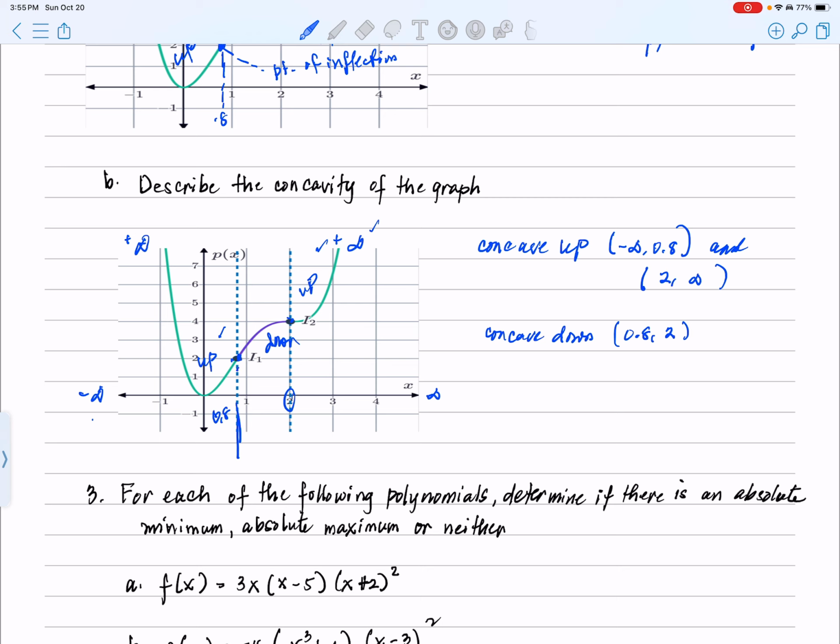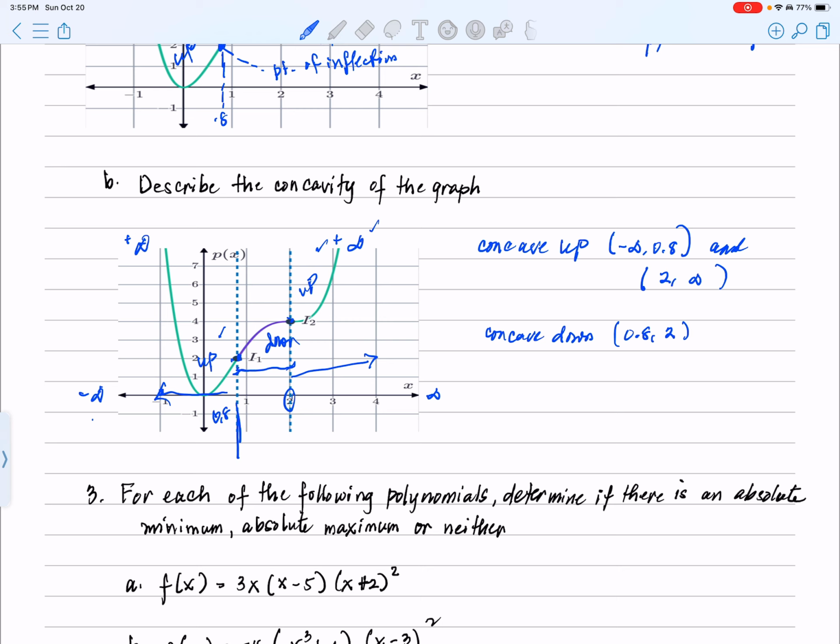From here, this is the interval. From there to there, it's concave down. And 2 to infinity, this is concave up. And from here, negative infinity to 0.8, that's another concave up. All right, I think those are the important information that we need.